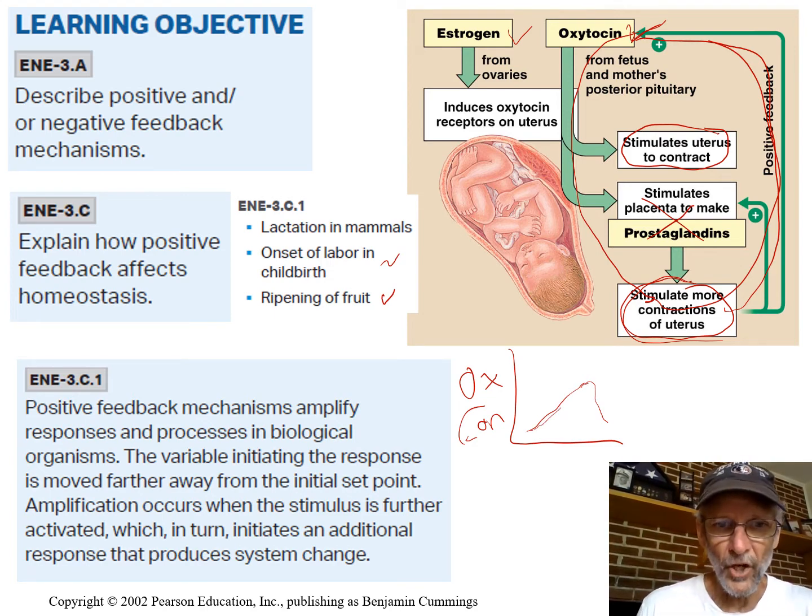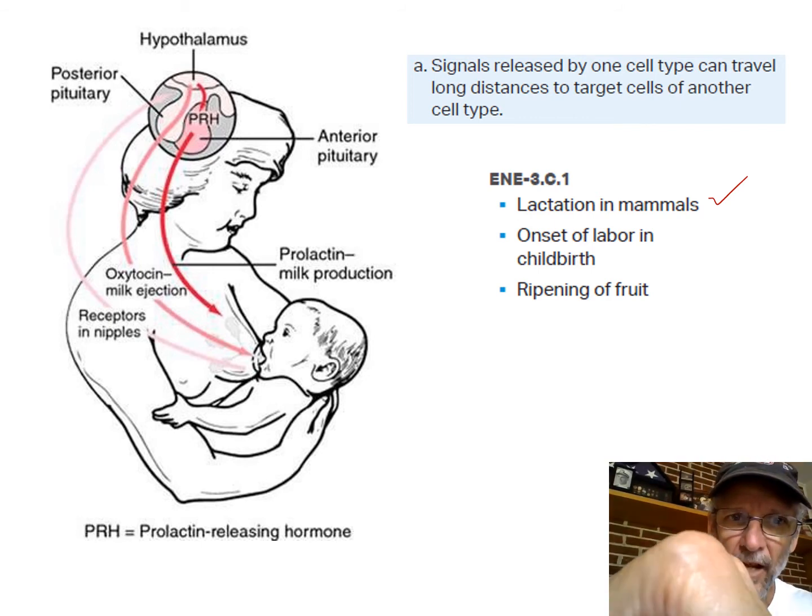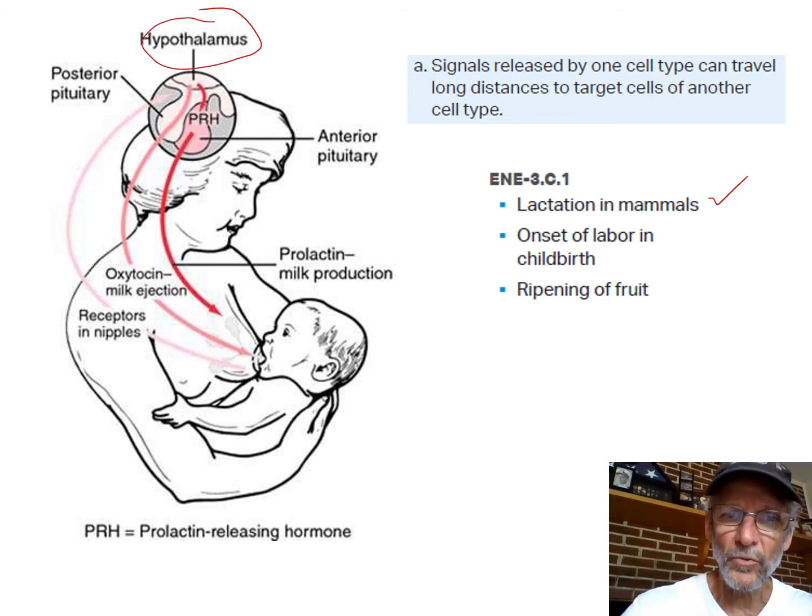Okay, so here we have the last of these three, right? Lactation in mammals: the physical stimulation of suckling, a little racy photograph here, is transmitted to the hypothalamus brain part. This sensation of touch triggers it to release a chemical here. Once again, we're going long distances to target cells.